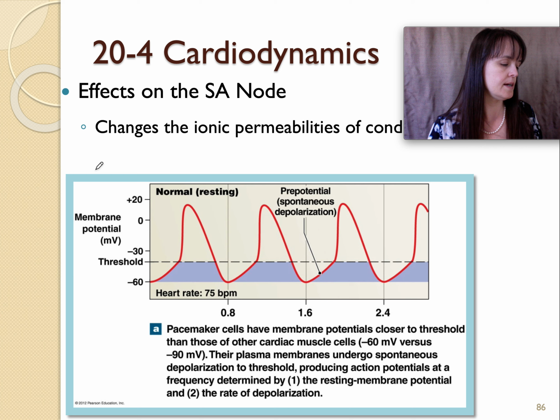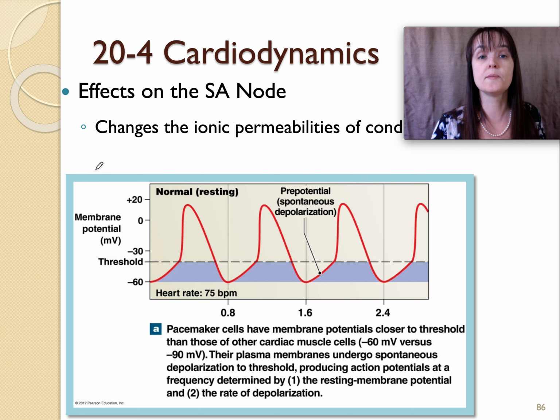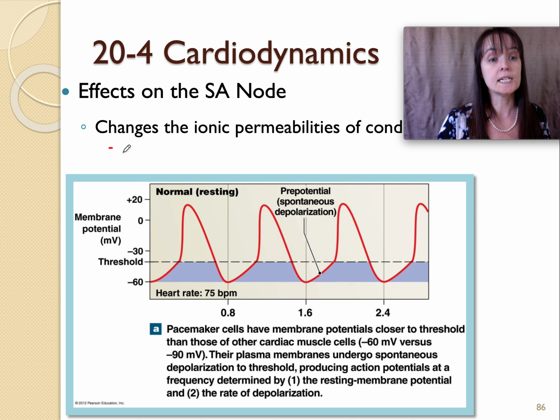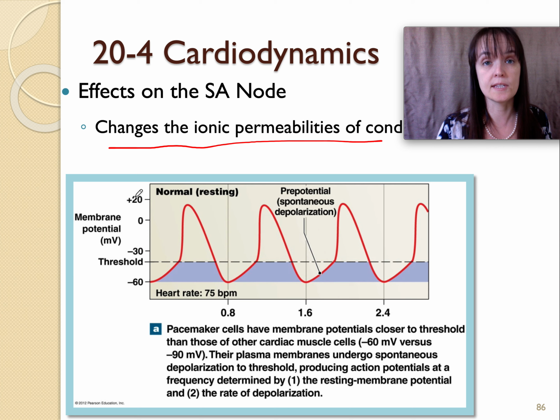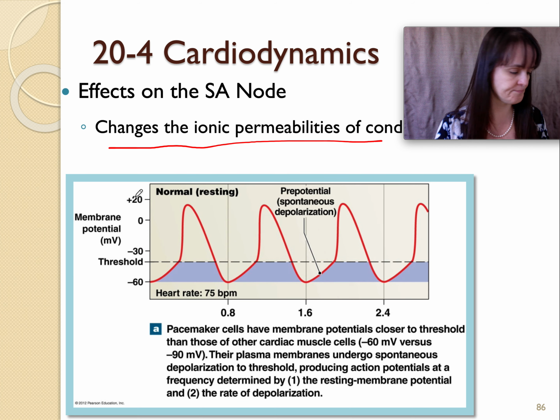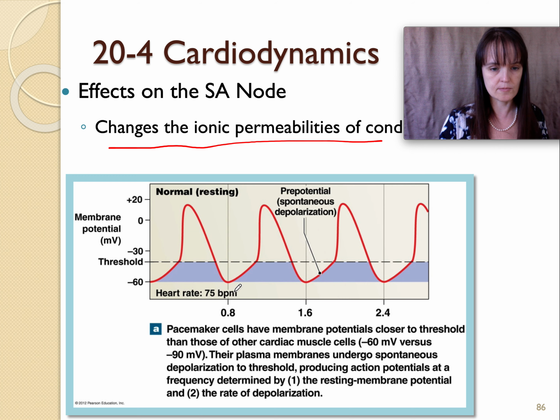So how exactly does sympathetic and parasympathetic increase and decrease the heart rate? It changes the ionic permeabilities of the cells in the conducting system. Parasympathetic neurons release, okay, so here's our resting, where we're constantly drifting up to threshold.